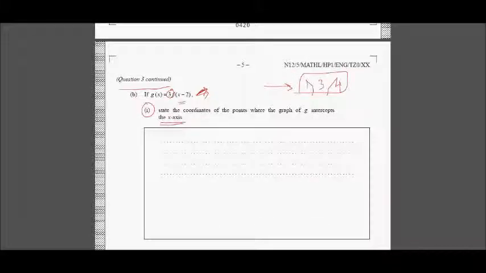Now in this question, the first question, again there is subdivision first, so there should be another question at least. So here, state the coordinates of points where the graph intercepts the x-axis. So we are going to find the x-intercept, which you have already done even before looking at the question.